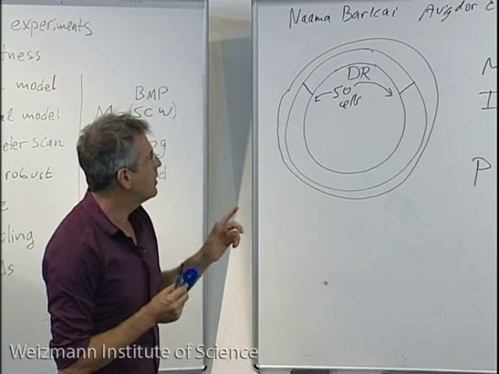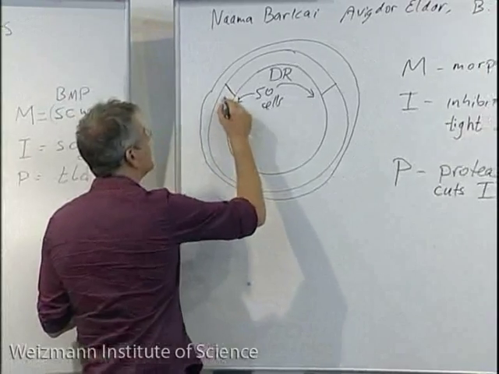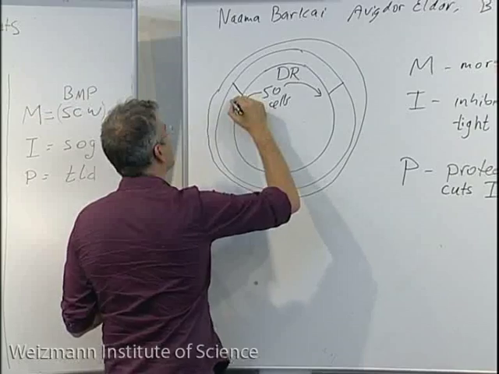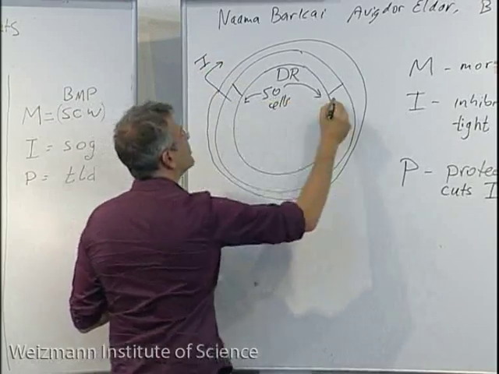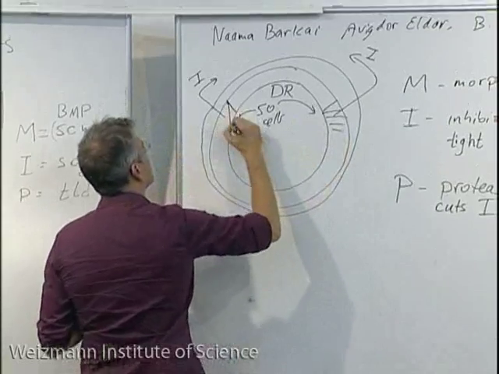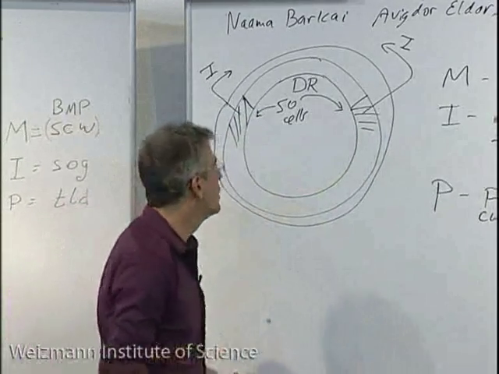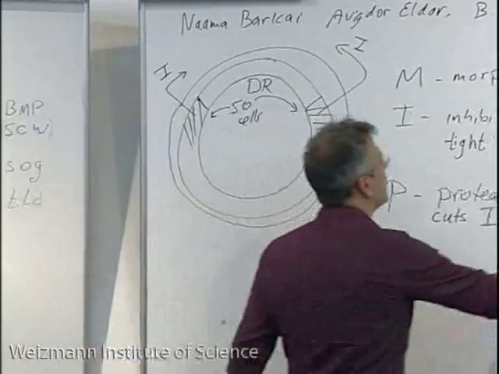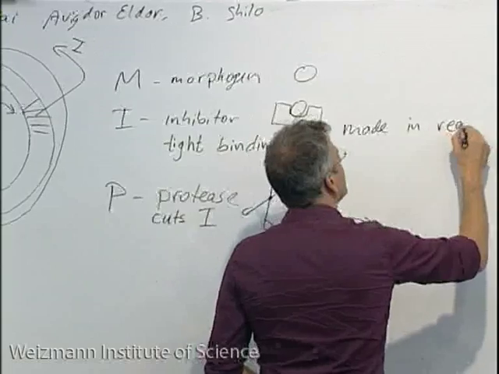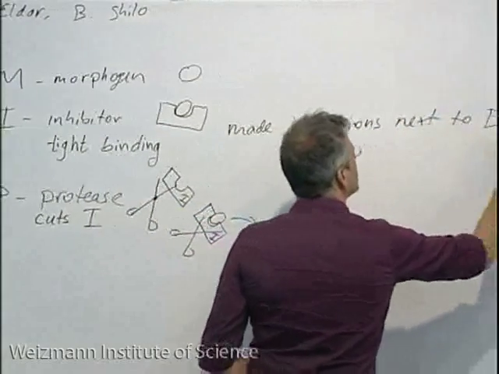Where are they? What's important for you to know is that the inhibitor is produced in these regions, made in the regions next to our region.